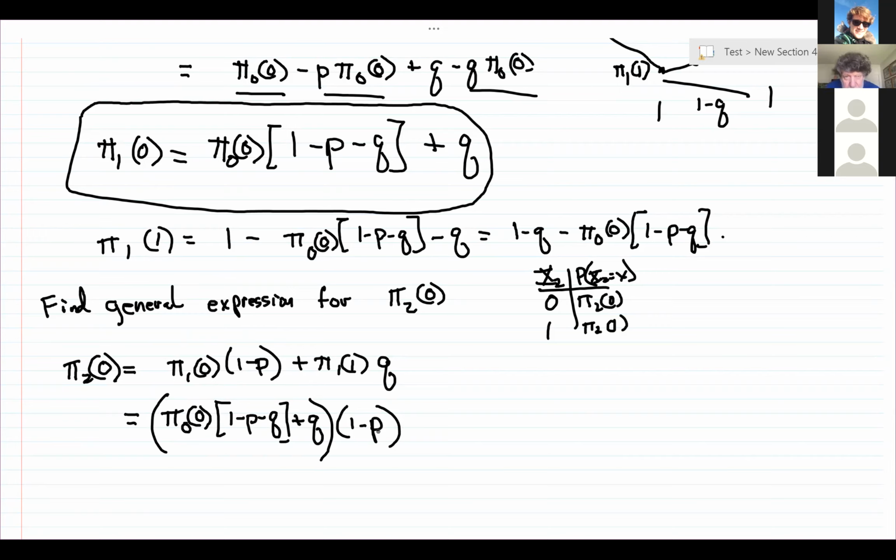And then I need to, well, pi 1, 1, we also did that. It was over here. Hopefully it's correct. I think it is. Yeah. So put in what pi 1, 1 is. It's 1 minus q minus pi 0, 0 times 1 minus p minus q.